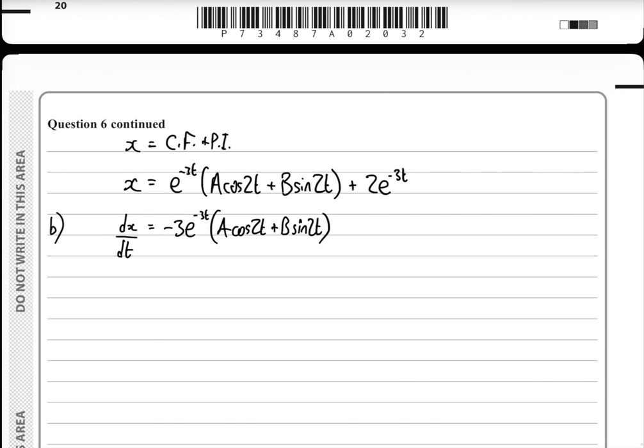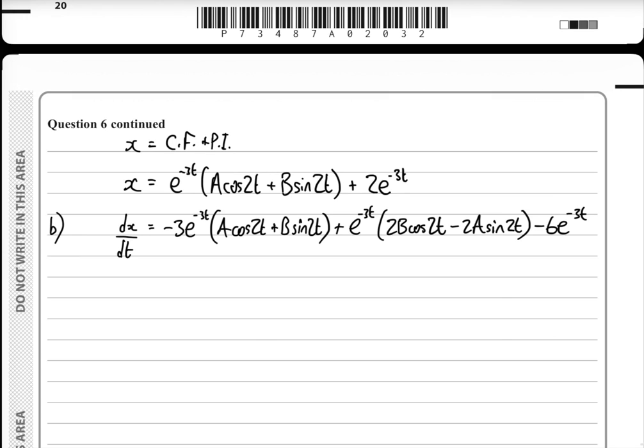And then we're effectively leaving the term in front, differentiating the bracket. So the b sine 2t becomes 2b cosine 2t, and the a cos 2t becomes minus 2a sine 2t, minus 6e to the minus 3t.